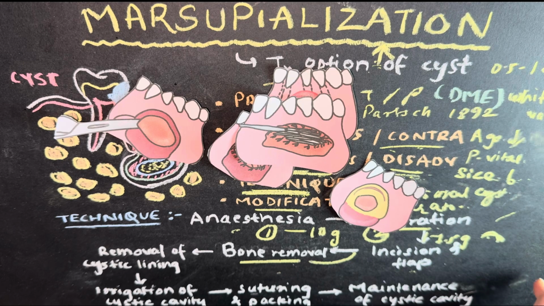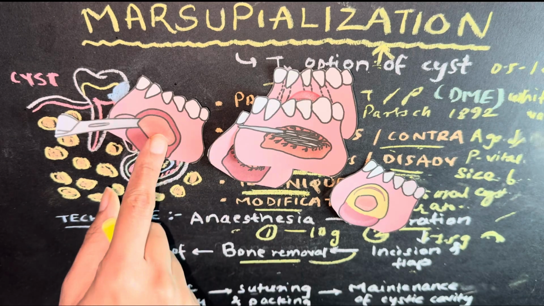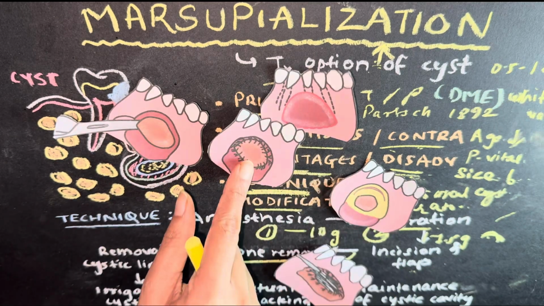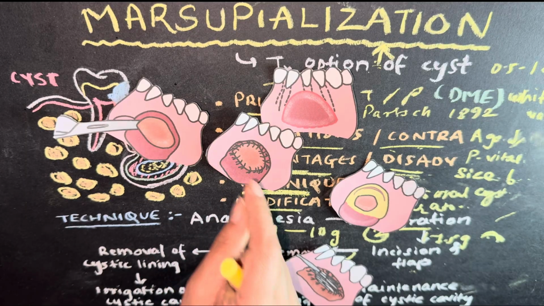With the help of this varnish, the packing is done till endoosseous healing is seen. But remember that this procedure might fail if the opening is closed before the cavity is completely obliterated, and that was the reason for keeping this open. So the main reason, as we have discussed, is that we are not going to suture it completely.